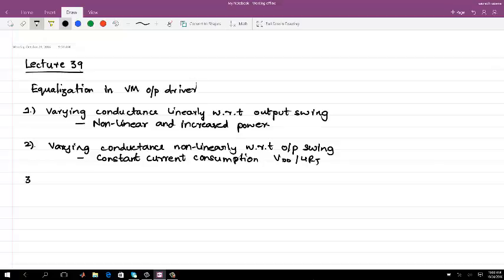The third one which we have seen was where we didn't have an R down resistance, which was varying conductance. There also it was non-linear.